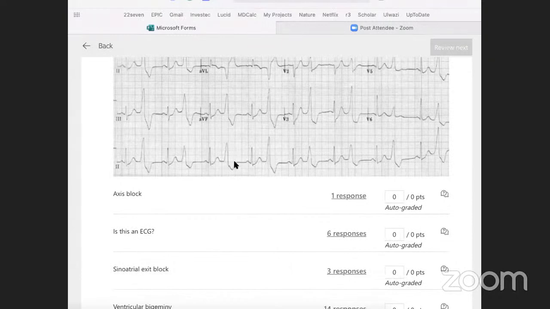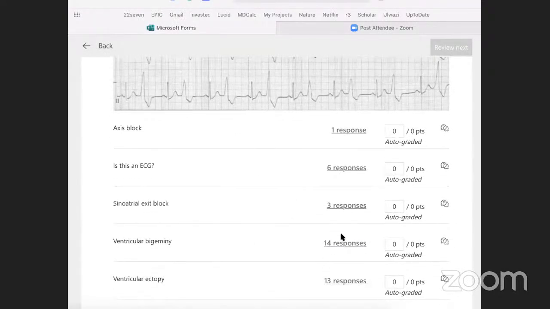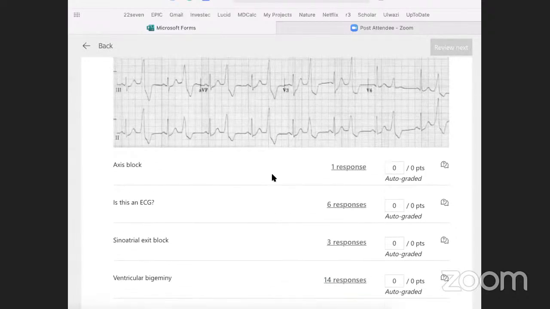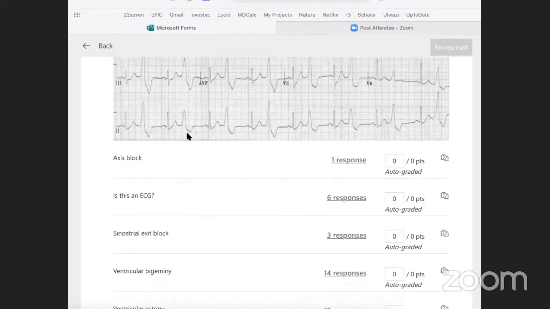If it's every second one, then it would be ventricular bigeminy, which most of us had. Ventricular ectopy could be multiple different irritable foci, whereas this is a single irritable focus that is firing regularly.